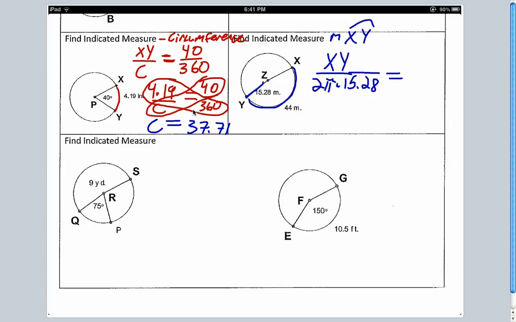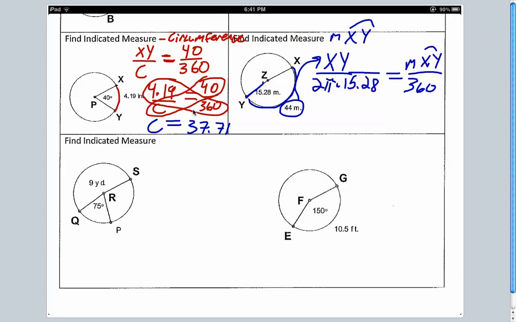That's what I'm looking for. The measure of xy. Remember, that's that thing measured in degrees. Measure of xy divided by 360. Okay, and you can solve that. I think also we're given xy is 44, so I'd substitute 44 in for xy.